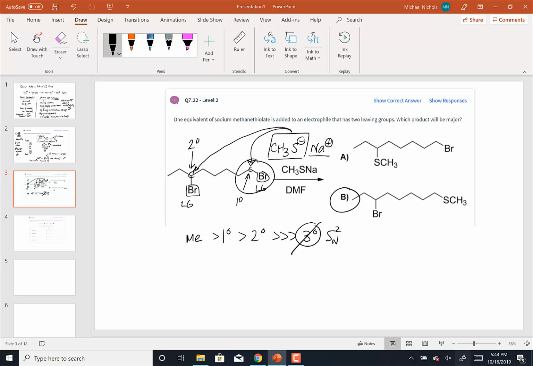So B will be the major product, and major product just means it will be the product that's formed the most. It'll be the product that's formed the fastest. Okay, so again, the difference here is steric hindrance of the primary and the secondary carbons.